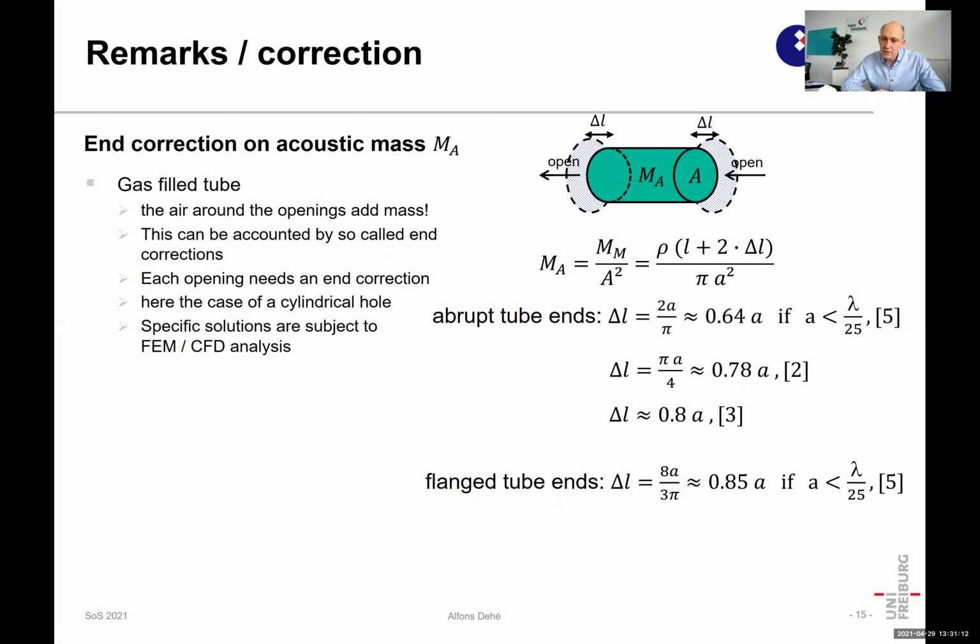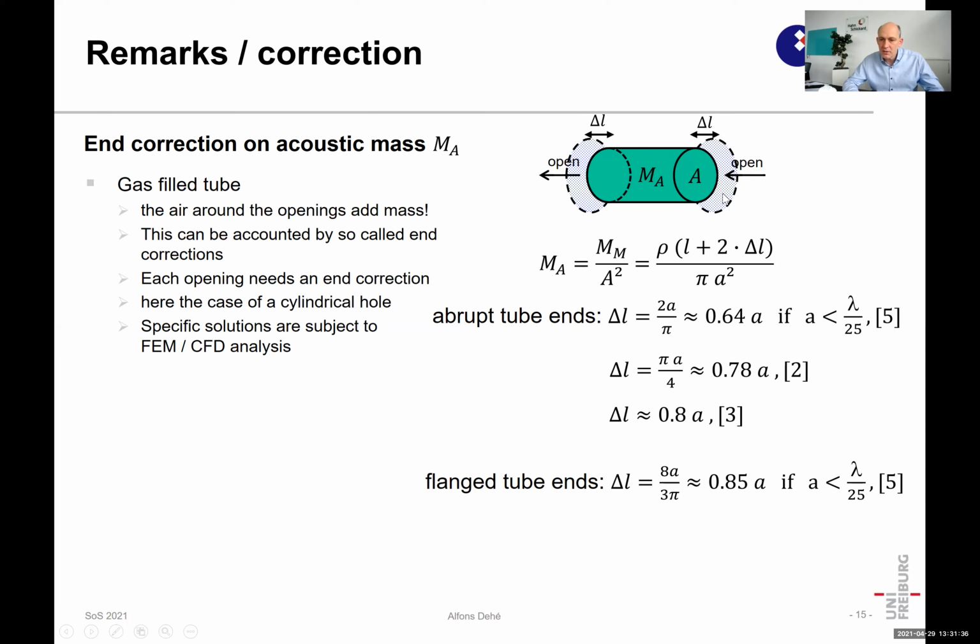And then you find different studies about this correction factor, which is always in relation to the radius of the tube and is given between 60% and 80% of the radius of a tube. That depends a little bit on how you calculate this. And for this reason, you can simply extend a tube where you say this is a mass by an extension.